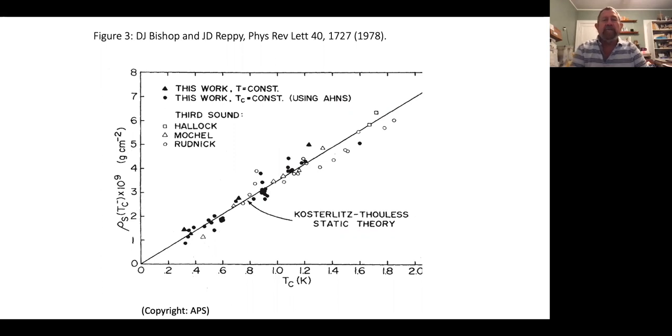And the experimental points, from different experiments, the Bishop-Reppy experiment and various third sound measurements, are all scattered about the straight line, the theoretical prediction. Okay, so then let's go on a bit.